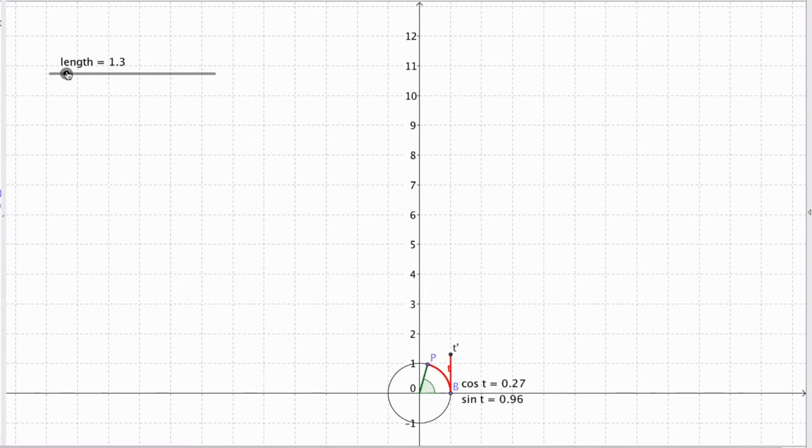Here we go. And now we're getting to somewhere very interesting. What happens when the length is 6.3? That's about 2 pi, because 2 pi, you know, is one full circle. Well, let's have a look. We'll see if we can get to 6.3 or close to it.